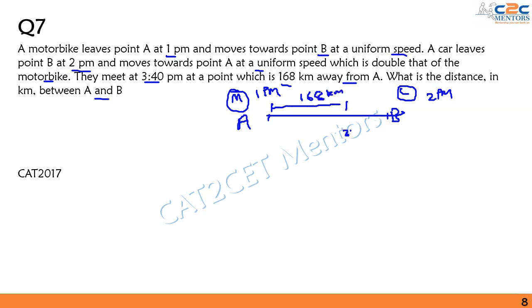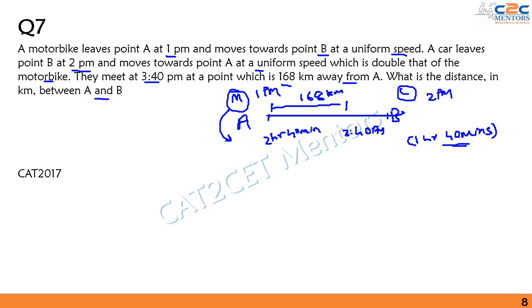They meet at 3:40 p.m. Hence the time for which the motorbike would have traveled will be from 1 p.m. to 3:40 p.m., that is equal to 2 hours 40 minutes. Similarly, the car would have traveled for 1 hour 40 minutes, because we are given that it is starting its travel from 2 p.m.